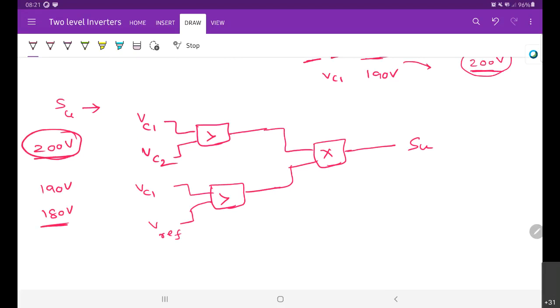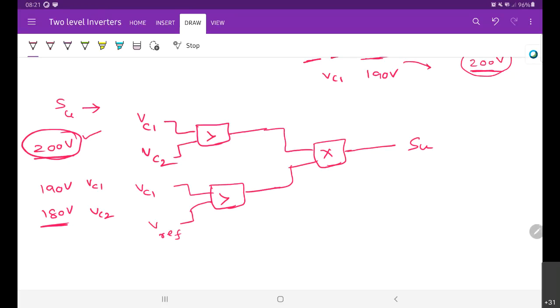Under this condition, what is the state of the upper switch SU? On or off? It will be on? See here, the main thing is the capacitor voltage must be 200. That is the main criterion.